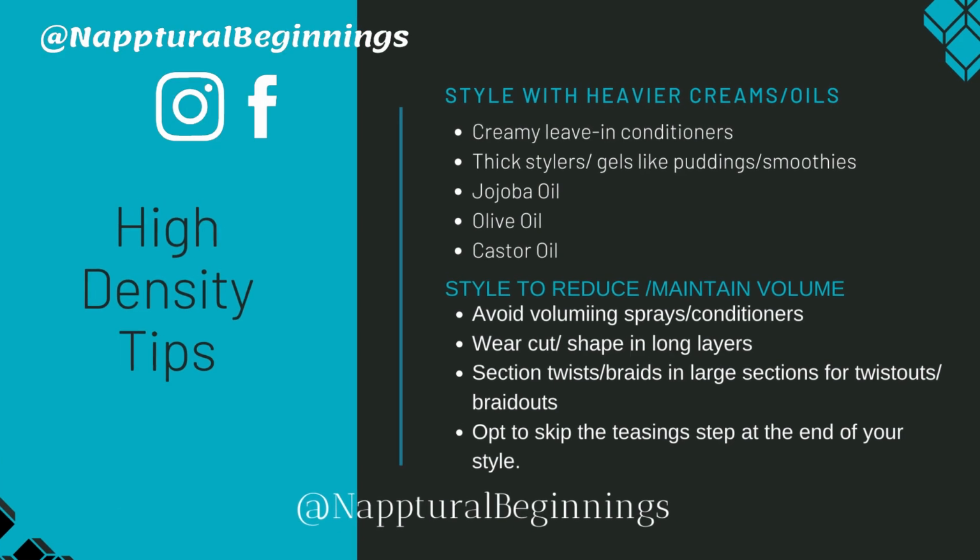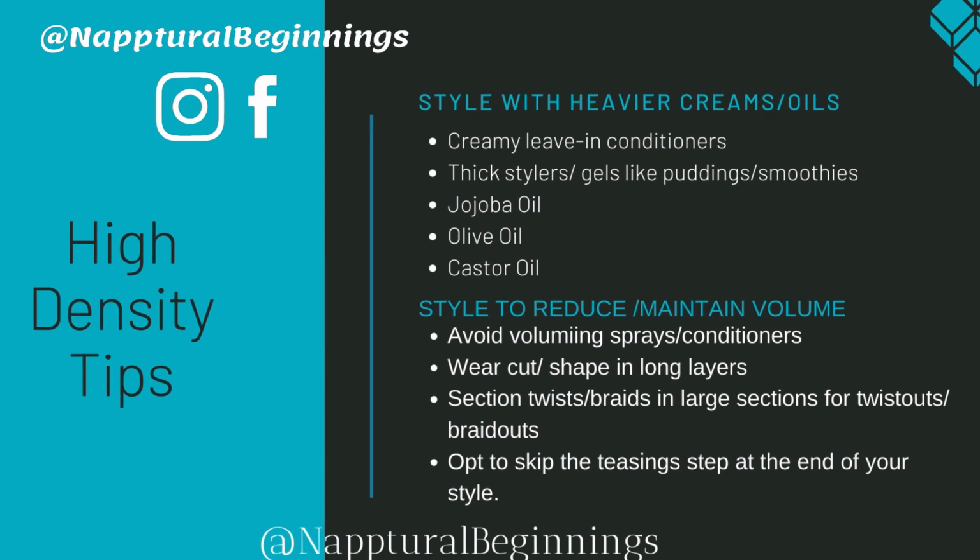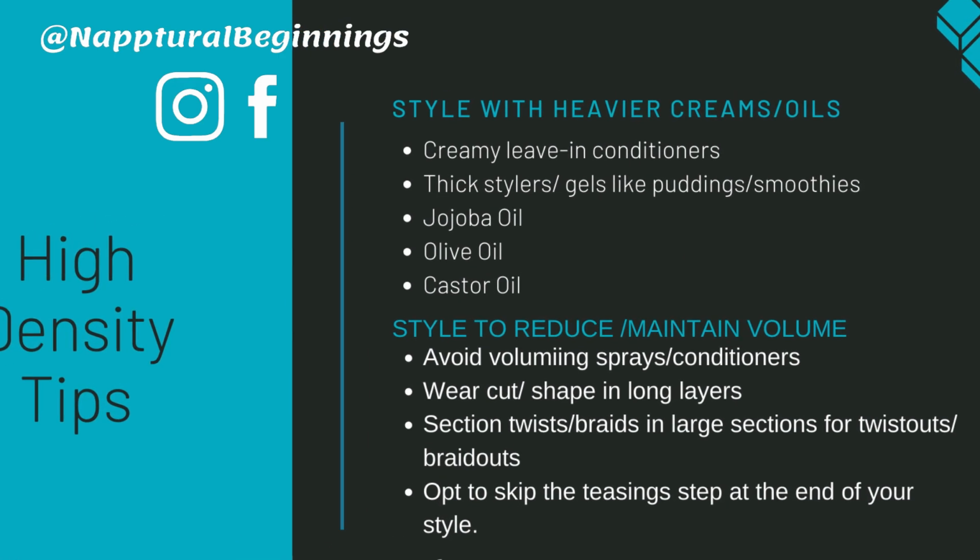Also, thick stylers, gel-like puddings, and smoothie type stylers. So typically, and I can't say this 100% for all, I have not been experimenting with all the new products enough lately to confirm this, but typically the stylers that have pudding in their title, smoothie in their title.